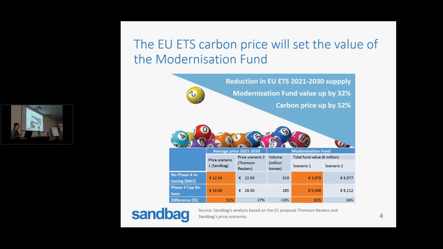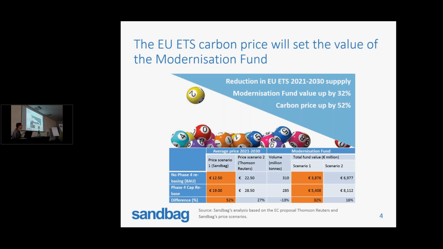This is the reform we are very strongly supporting, along with other reform options on decrease of supply of allowances in phase 4. And the results you can see here are showing that in our scenario, basically the value of the modernization fund would increase by 32% if such a move was being made.